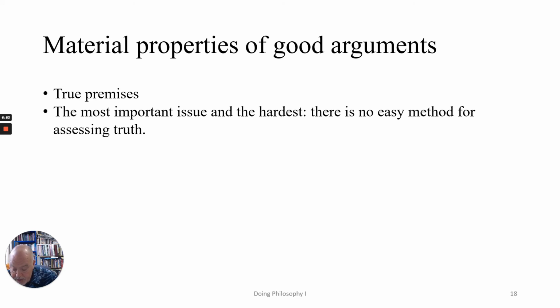And a couple of the reasons for this are very deep. The first one is that thinking that premises are true, or even plausible, which might be a softer term, right? Maybe we can't say whether they're true or not, but we can say they're plausible, has a lot to do with the basic assumptions and first principles that a philosopher has.